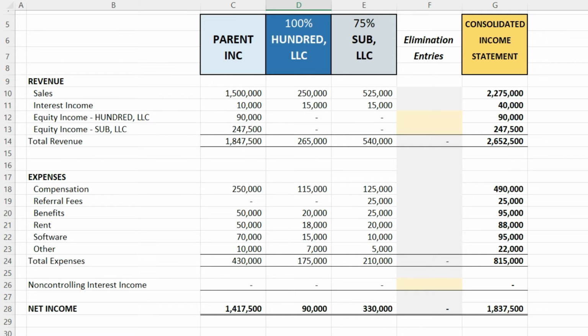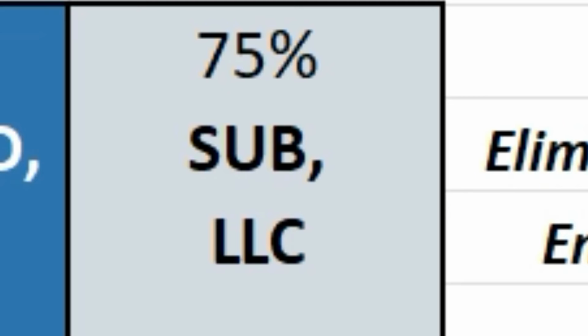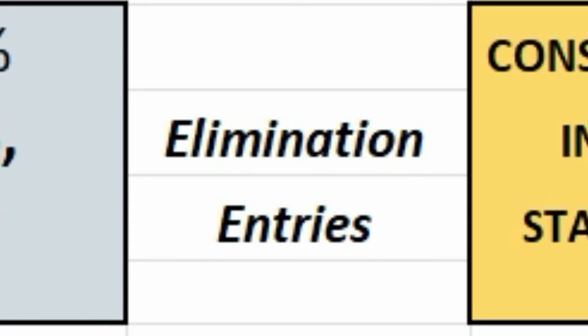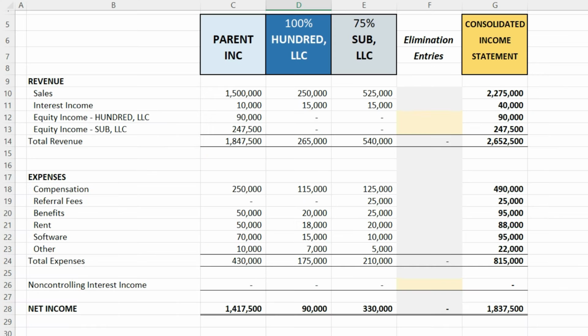And they are also recognizing 75% of the net income related to Sub LLC because it has a 75% ownership. Now that is just for legal entity Parent Incorporated. We are going to eliminate all this activity when we roll up the two subsidiaries into the parent for the consolidated financial statements.